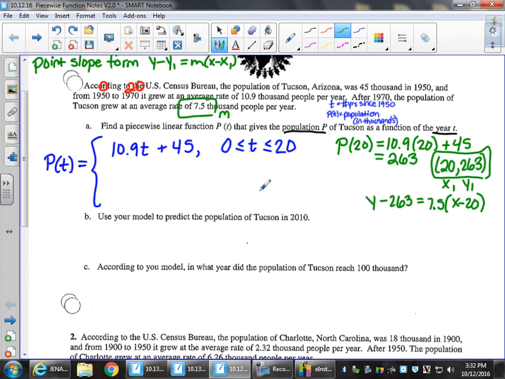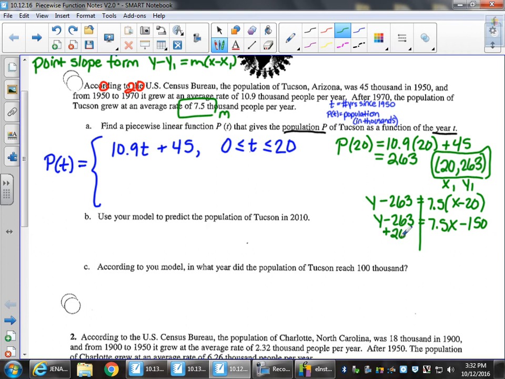When we solve this, we will actually have the entire expression that we need for our next piece. So that becomes y minus 263 equals 7.5x. We do 7.5 times 20 and get 150. So this is minus 150.